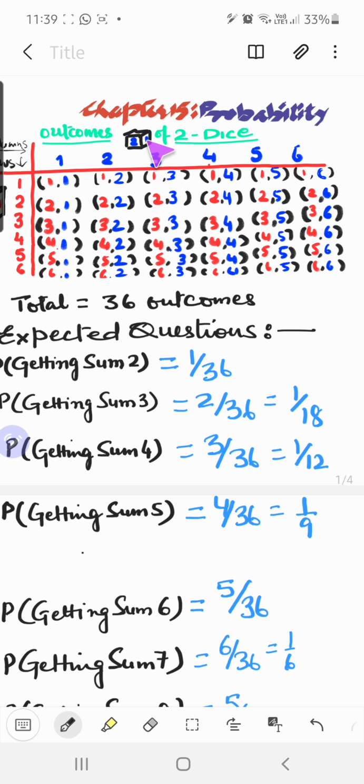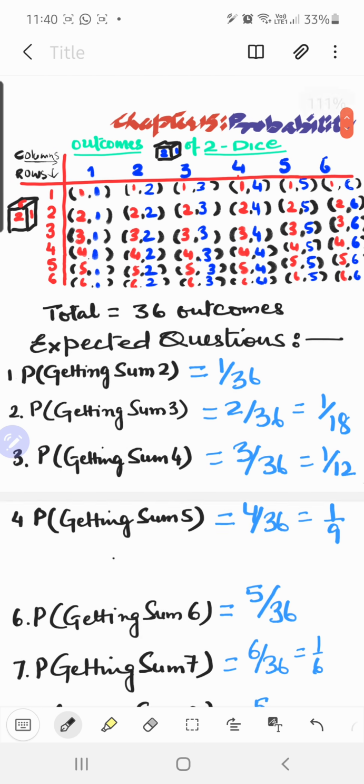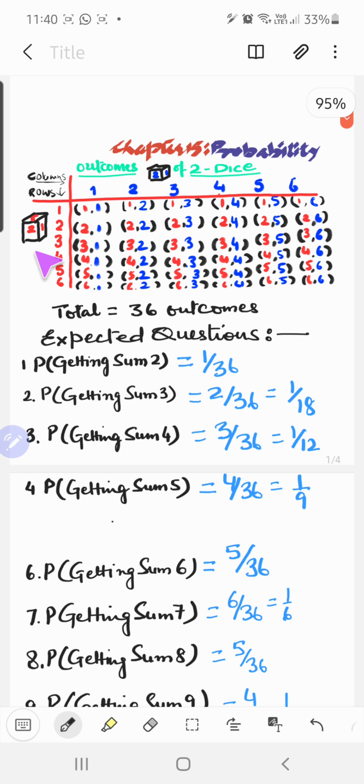Children, let us suppose that we have a die which is marked with blue color, and another die marked with red color. All the outcomes of the red die I have written in rows, and all the outcomes of the blue die I have written in columns.